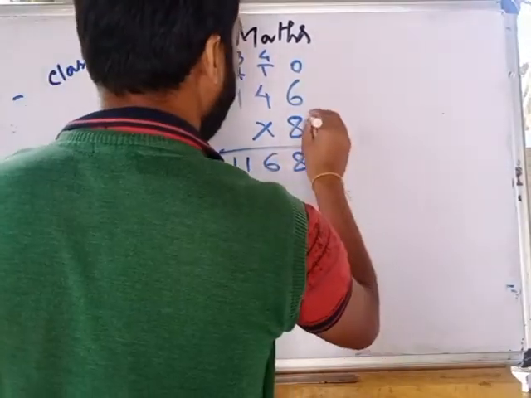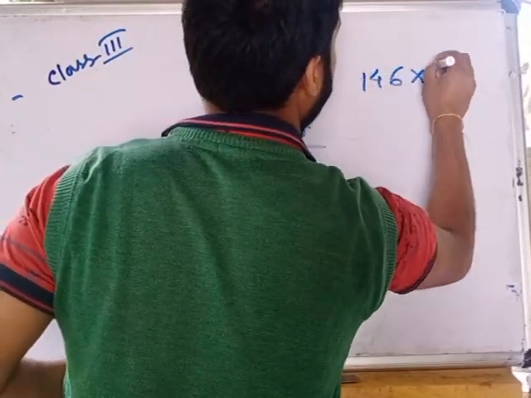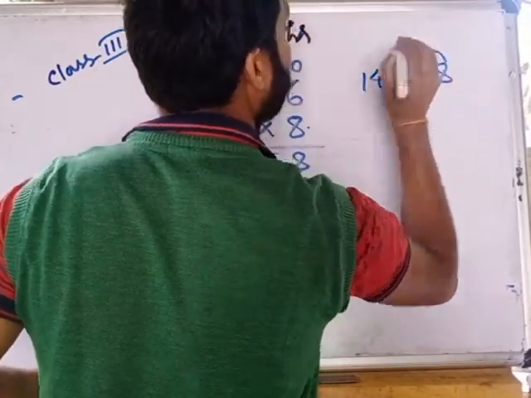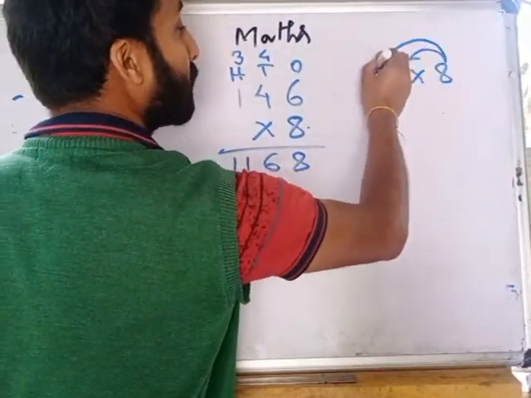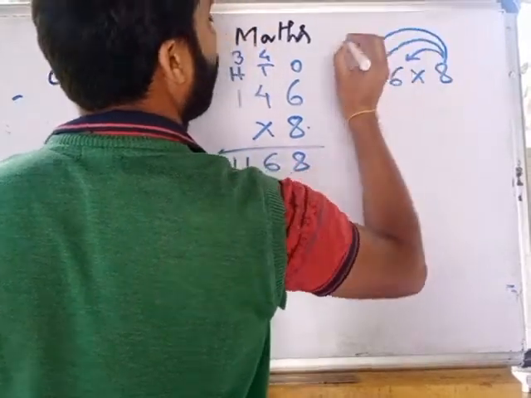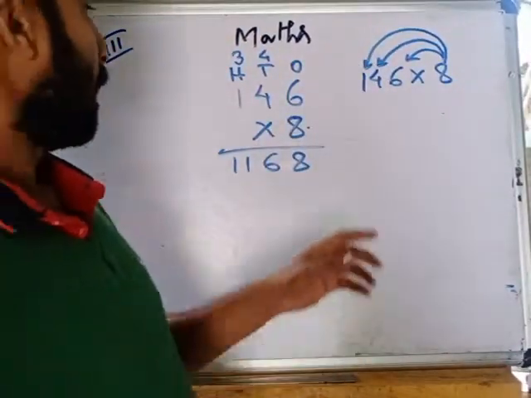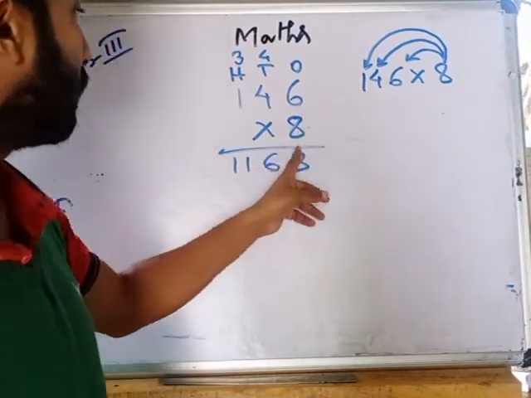At first you should multiply this number 1, 4, 6 with 8. After that you should go to the next left. 6 8s are 48.